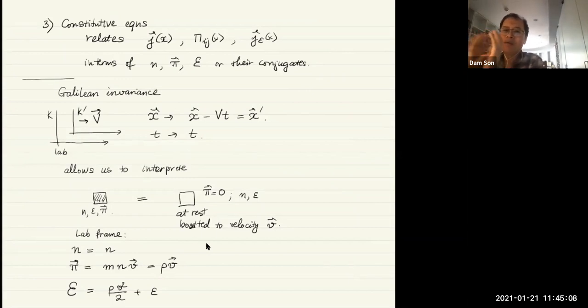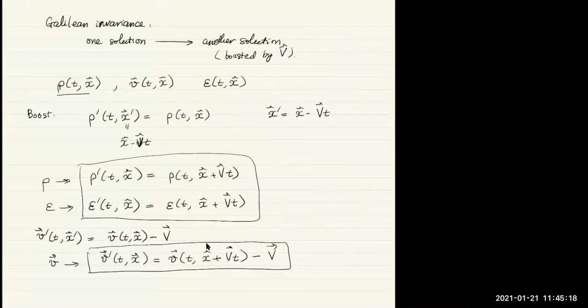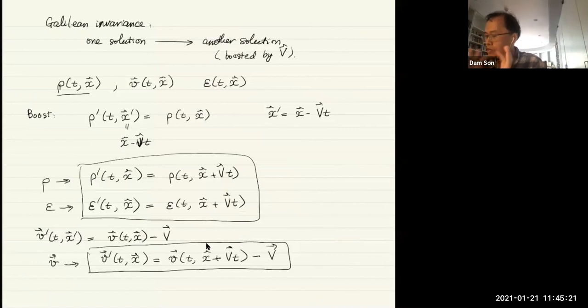So here I avoid using a local Galilean boost. Okay, thank you. Yeah, it's possible to do a local Galilean boost. It's a whole different formalism.